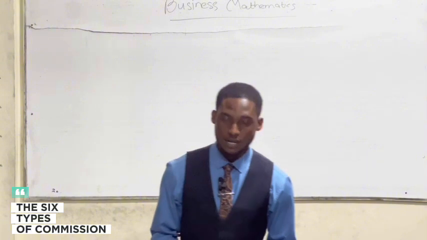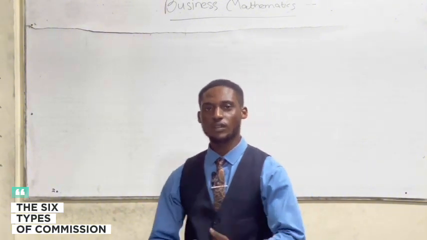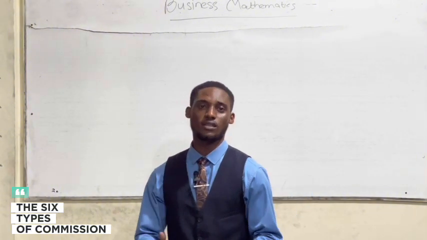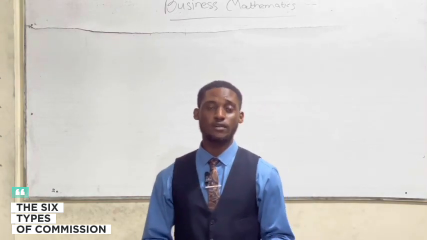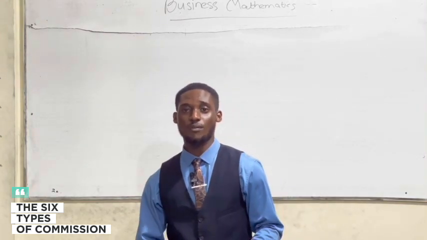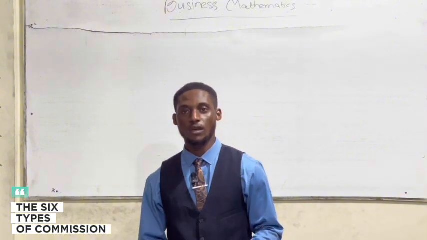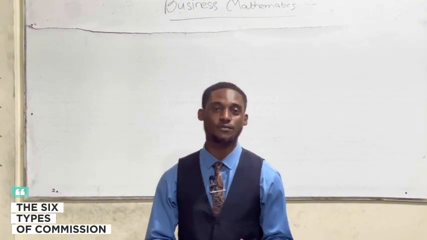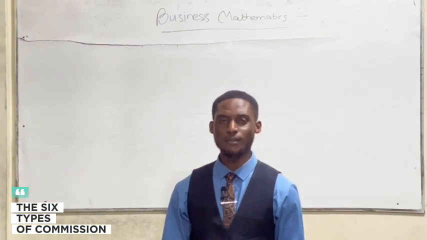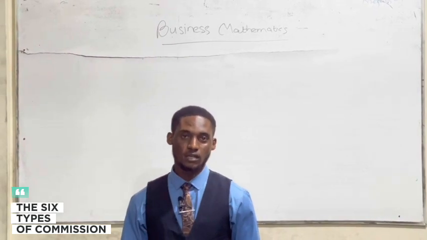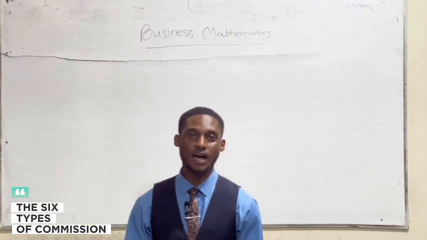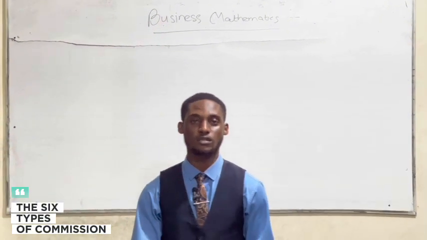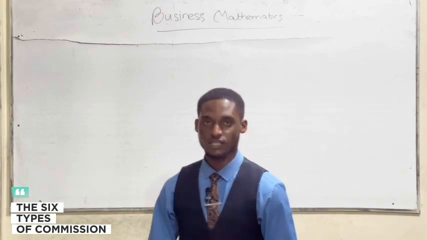We move on to graduated commission. What we mean by graduated commission is that it's in levels, it's in stages. So for instance, I'm a sales boy in a shop, and we are going to have a Black Friday promo. My manager comes and tells me that with this Black Friday promo, if I make 100 cedis sales, I get 6%.